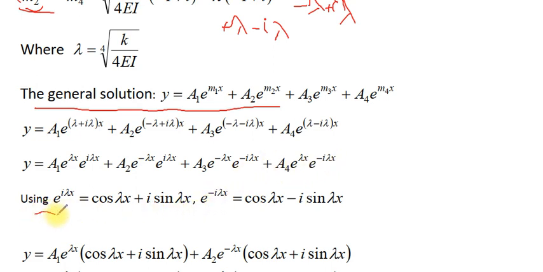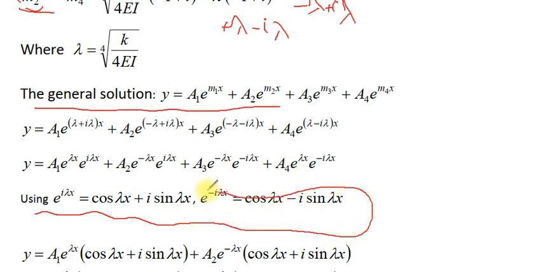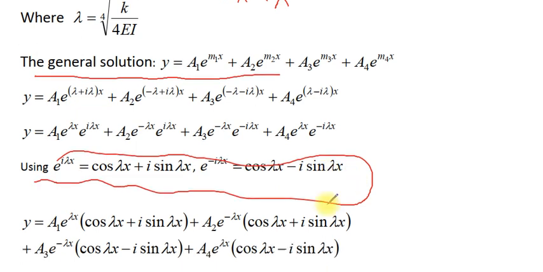Now using the following equations: e to the i lambda x equals cosine lambda x plus i sine lambda x, and e to the minus i lambda x equals cosine lambda x minus i sine lambda x.